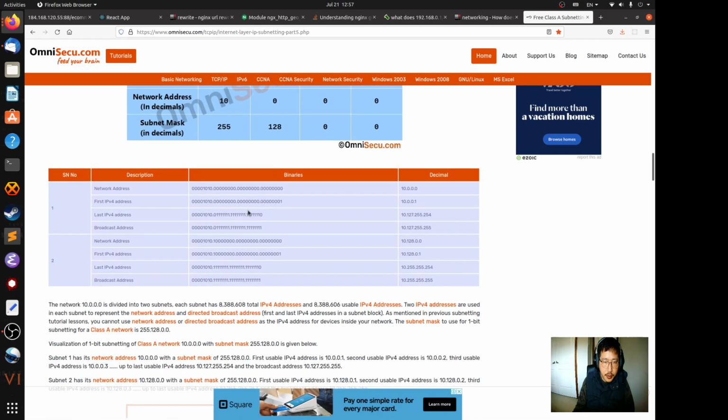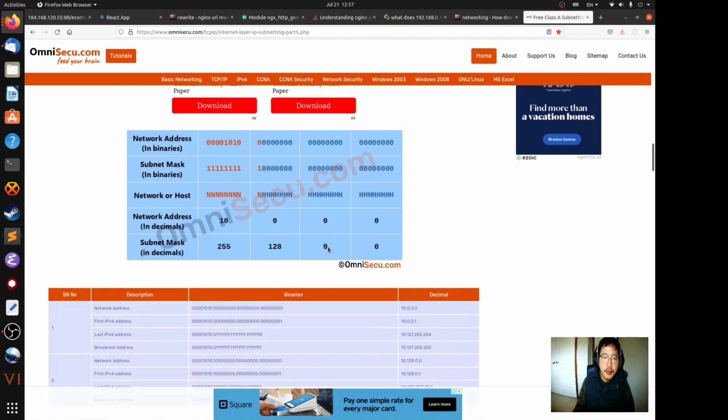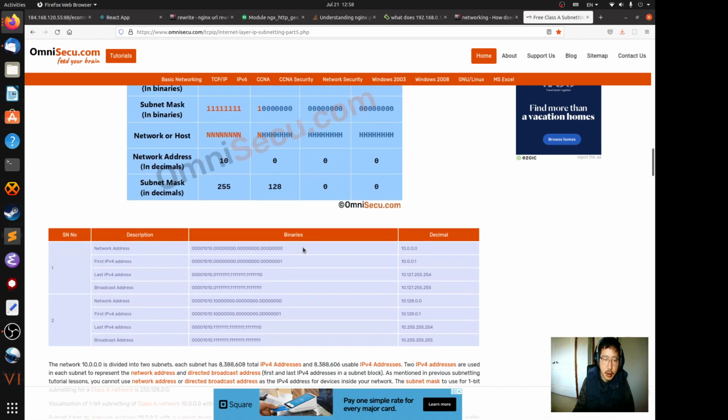To be more succinct, this is the network address of the first subnet. Why do we have two subnets?